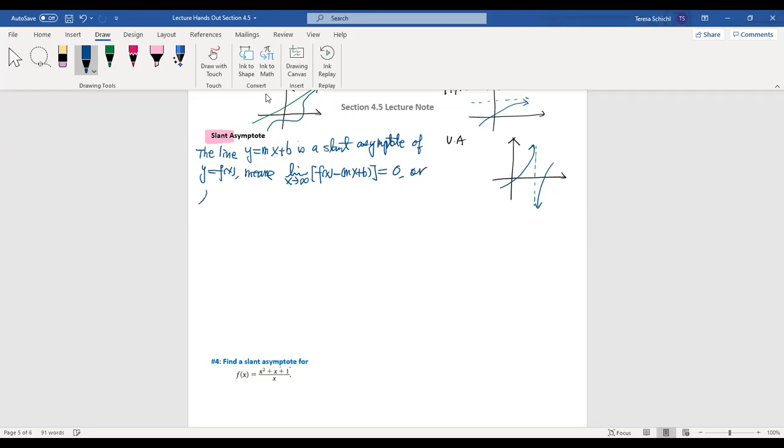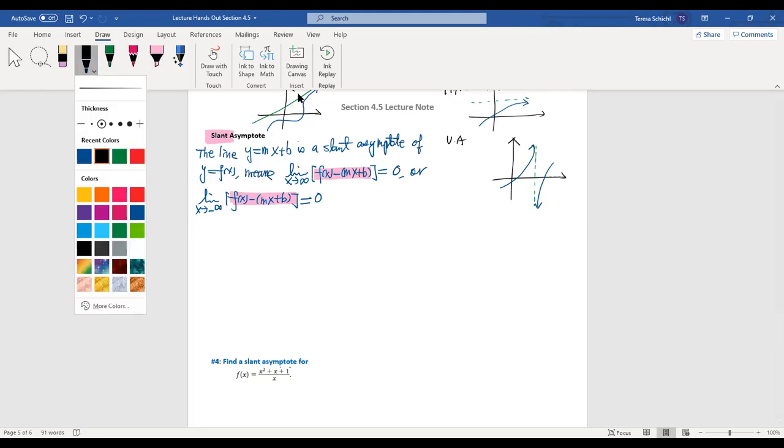Or you can approach from the negative side: as x approaches negative infinity, f of x minus (mx plus b) also approaches 0. That is how we define the slant asymptote. The function and this line get closer and closer, very close to 0.